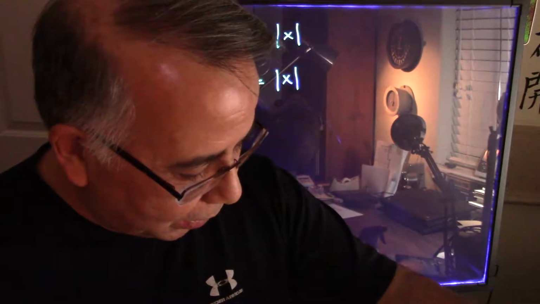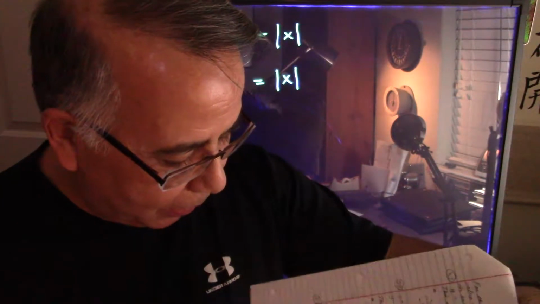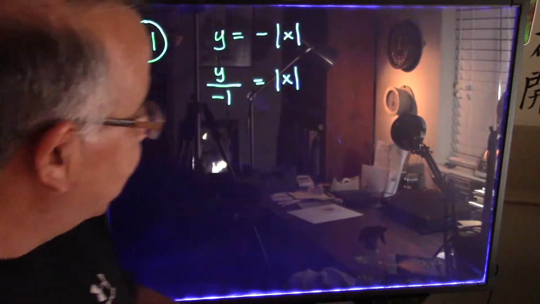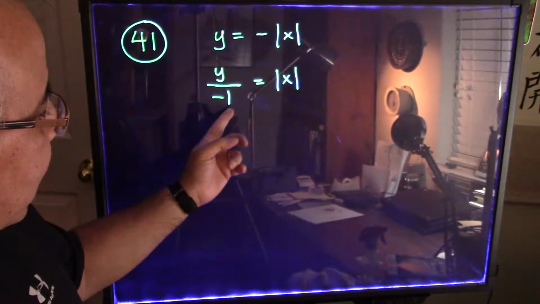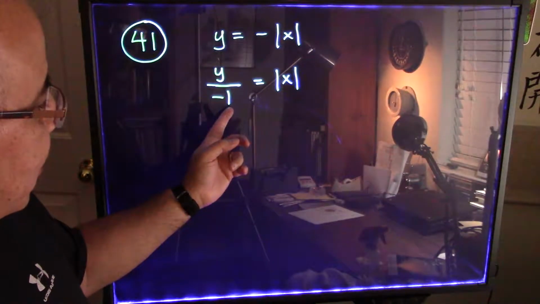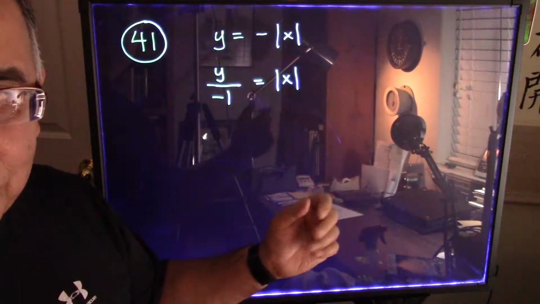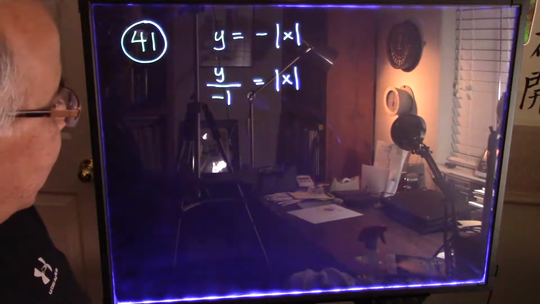Alright? So you get the V shape, but the vertex of the V is pointing up instead of pointing down, and it's still at 0, 0, and there's no stretching or shrinking going on because the absolute value of negative 1 is 1, and so that doesn't cause any stretch or shrink or change in the coordinates.